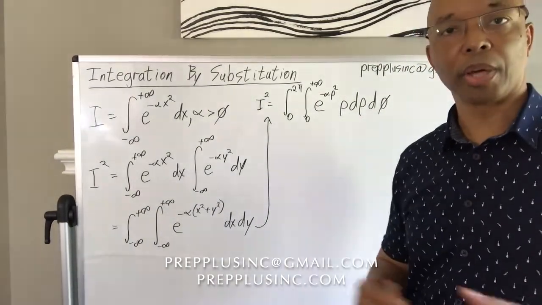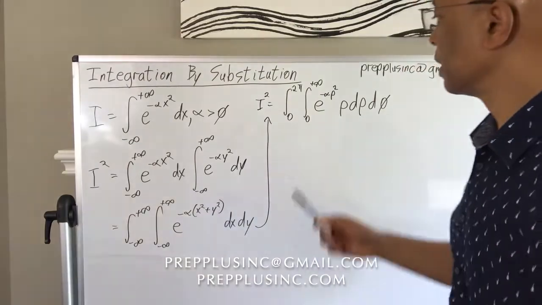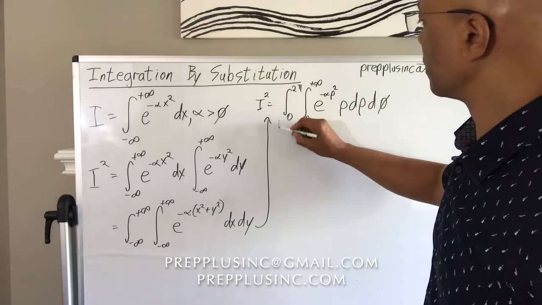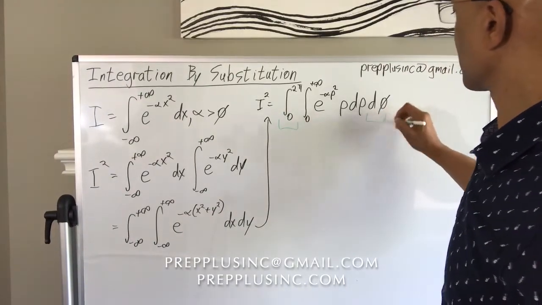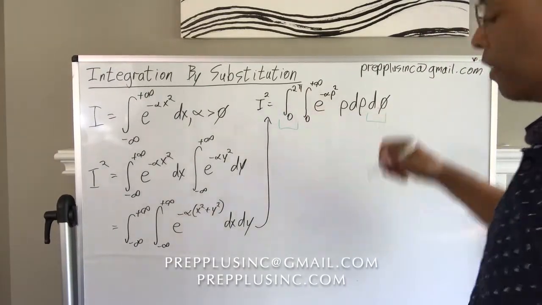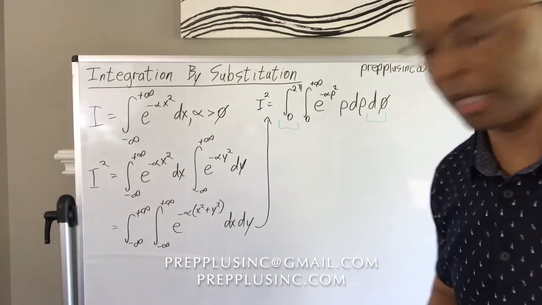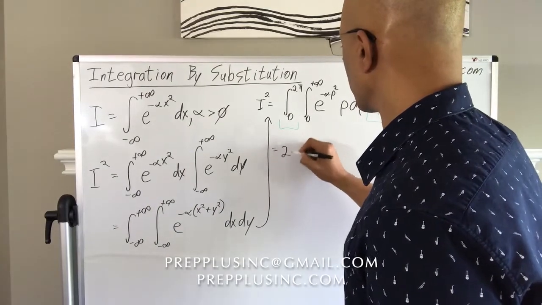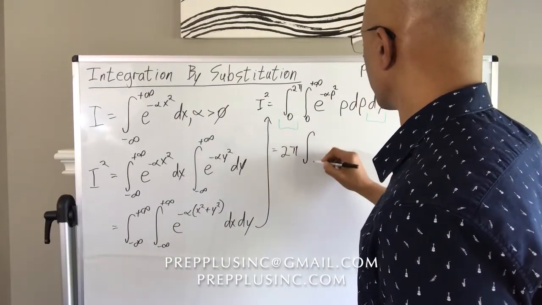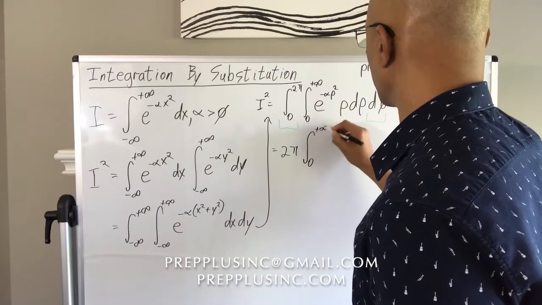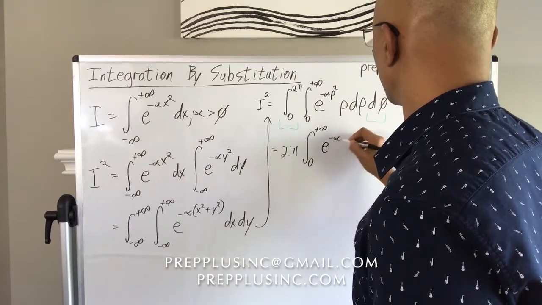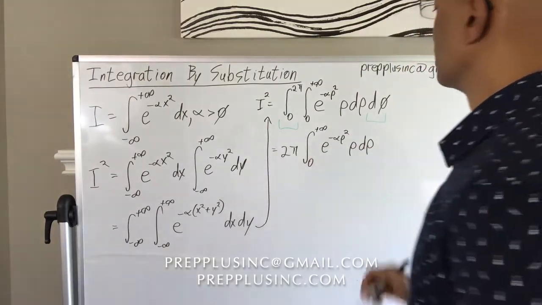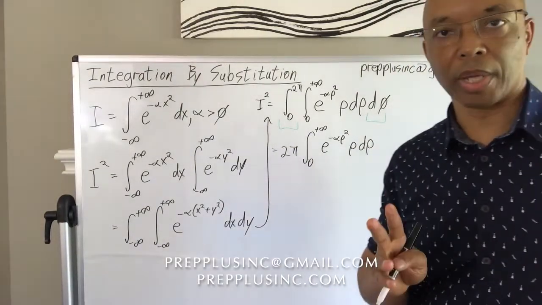Okay, so let's just keep chugging away. The integral over the polar angle phi, 0 to 2 pi of d phi, well, that's just 2 pi. Now we have an integral from 0 to plus infinity of e to the minus alpha rho squared, rho d rho. Okay, so now let's do a reality check.